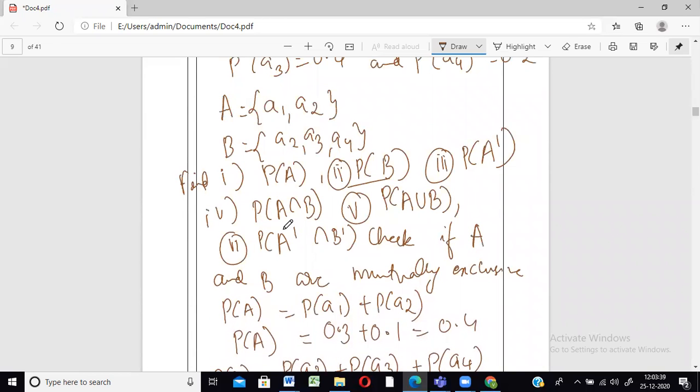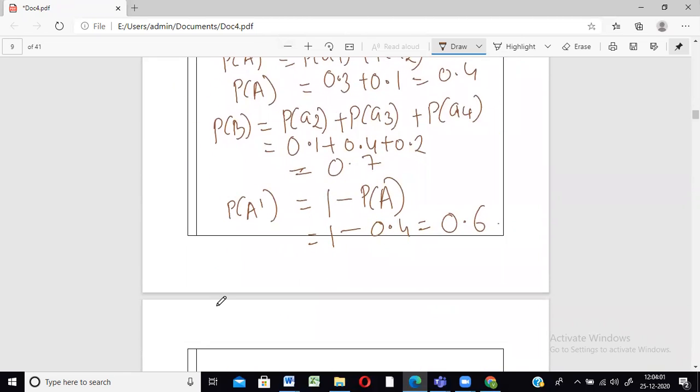Now the fourth one means probability of A intersection B. But we have not yet listed the elements of A intersection B. We can clearly see A has A1, A2, B has A2, A3, A4. Intersection is nothing but the elements common to both, the ones present in A and also present in B. Okay. So let us list down A intersection B first.